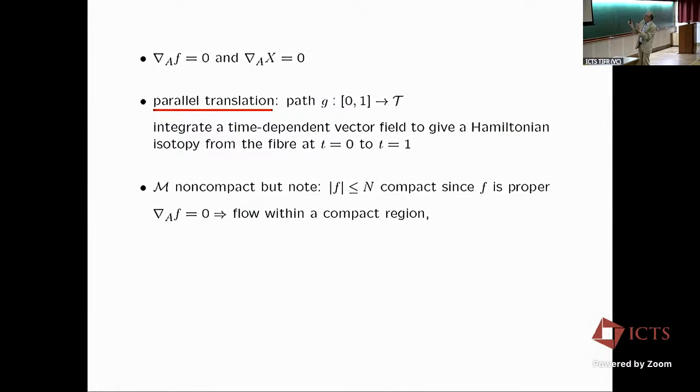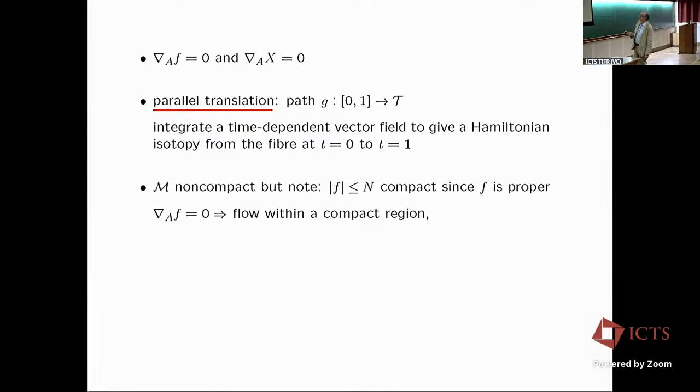You might object because the usual existence theorems depend on compactness, but here we're in good shape because although M is non-compact, this function f is invariant under parallel translation, so it preserves the bounded set. So f is a proper function, and you can solve the equations using standard methods for integrating that Hamiltonian flow in a compact region, and then by uniqueness, you can extend it to everything.